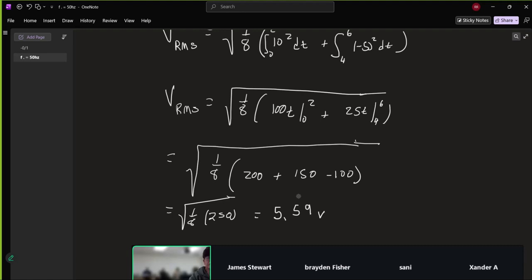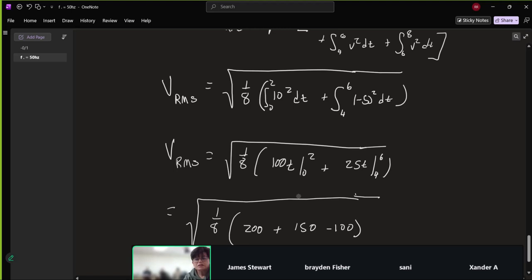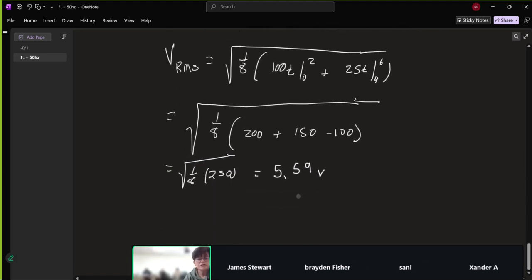Let's see, anywhere in here did I use milliseconds, and should this maybe not be volts? Let me think. It all cancels out.